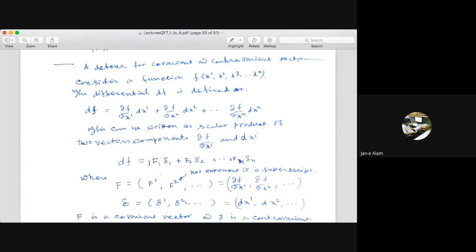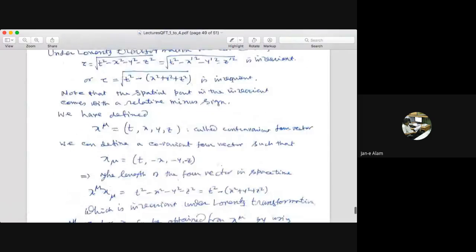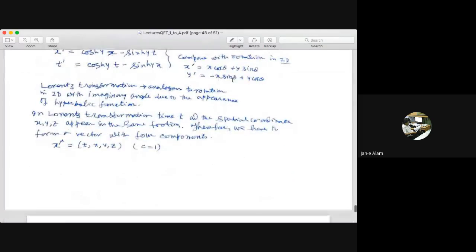So suppose you have a function f which depends on variables x1, x2. What I have discussed today is that by quantizing, causality is restored. The propagation amplitude for a particle going from x to y is exactly cancelled by the amplitude going from y to x in a space-like domain, that is the domain which is not causally connected.